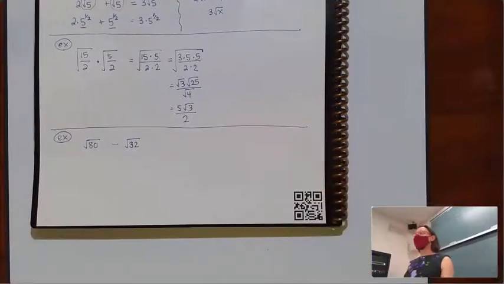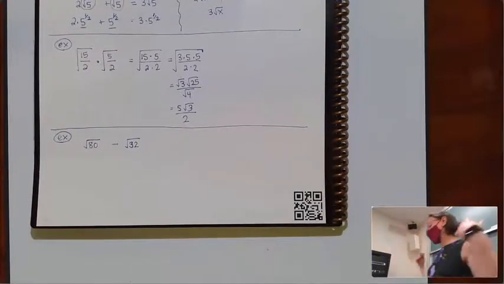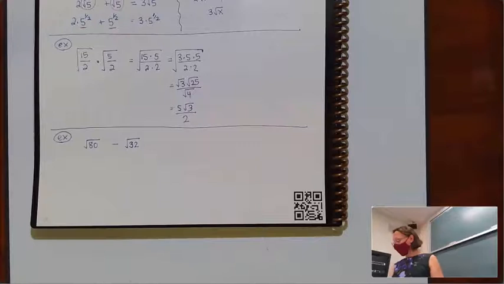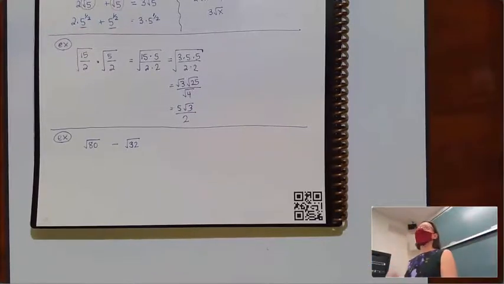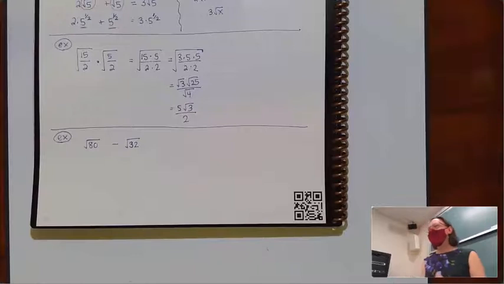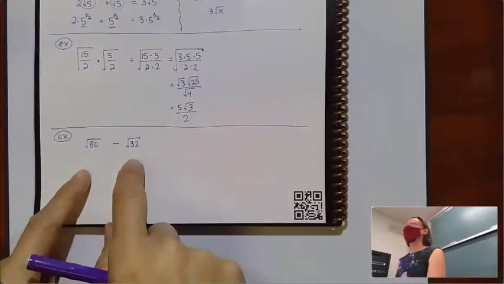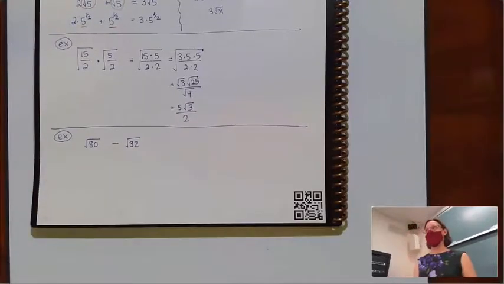So if my instructions are to simplify, the only thing I know how to do is to hope that somehow these can be rewritten with less stuff under the square root. I'm looking for those perfect squares inside. This time I'm not going all the way to prime factorization, because what I'm looking for is factors that are perfect squares.